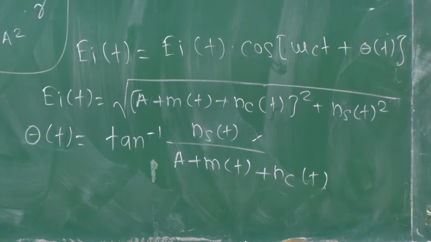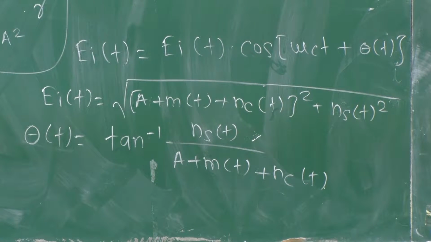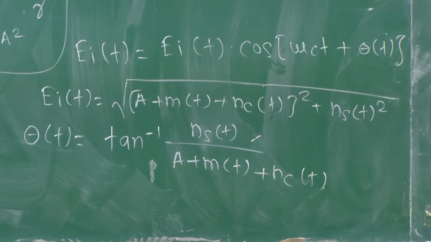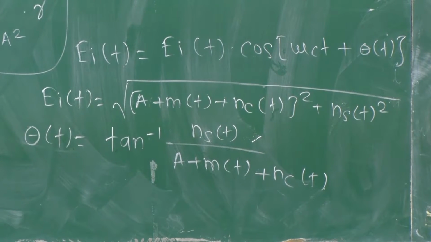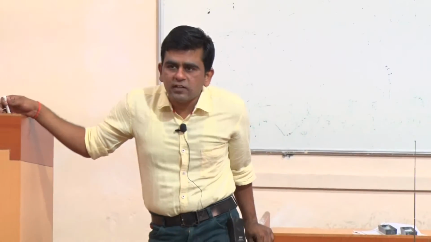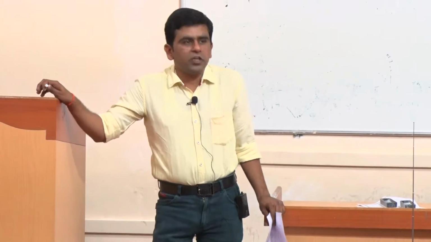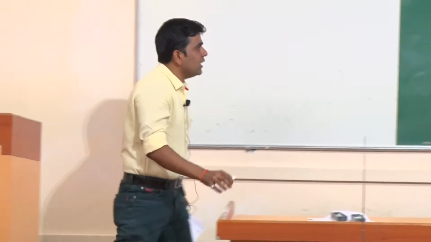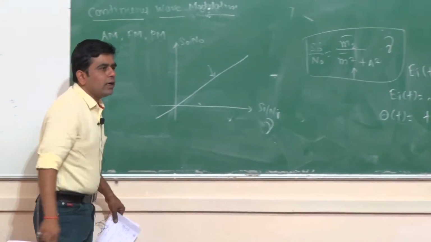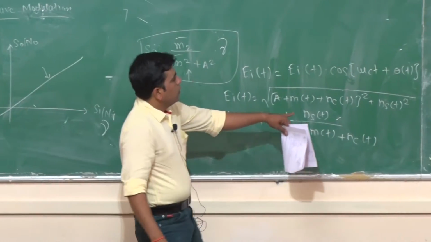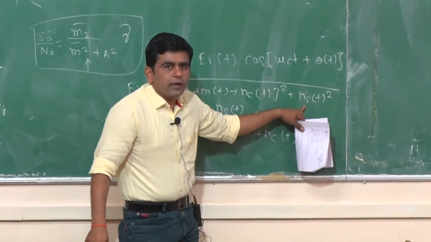It will detect the envelope, which contains the message information plus some carrier information plus the additive white Gaussian noise. Here we consider AWGN as narrowband noise, represented by an in-phase component and a quadrature component. So the message signal is added with the in-phase and quadrature components of the narrowband noise.